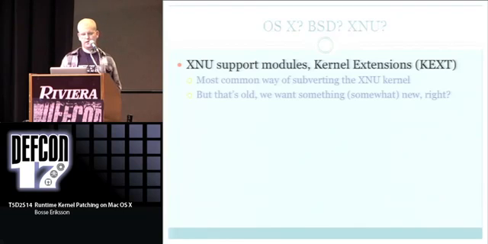XNU, like any modern operating system, supports modules. On Linux you have LKMs, BSD has KLDs, and OS X has KEXTs, kernel extensions for device drivers and so on. So you can extend the kernel at runtime by adding new code to it. This has been the primary way to subvert the XNU kernel.